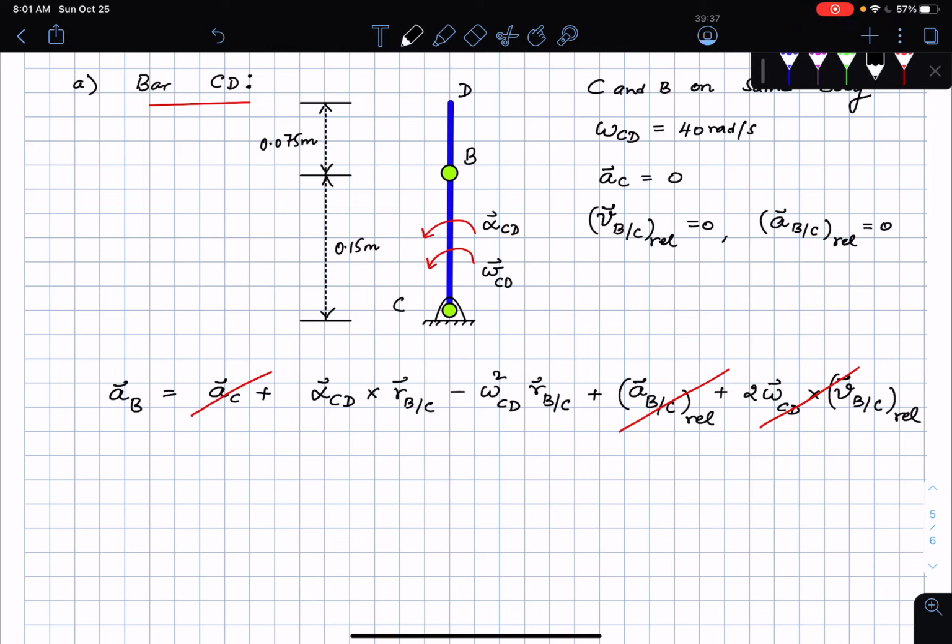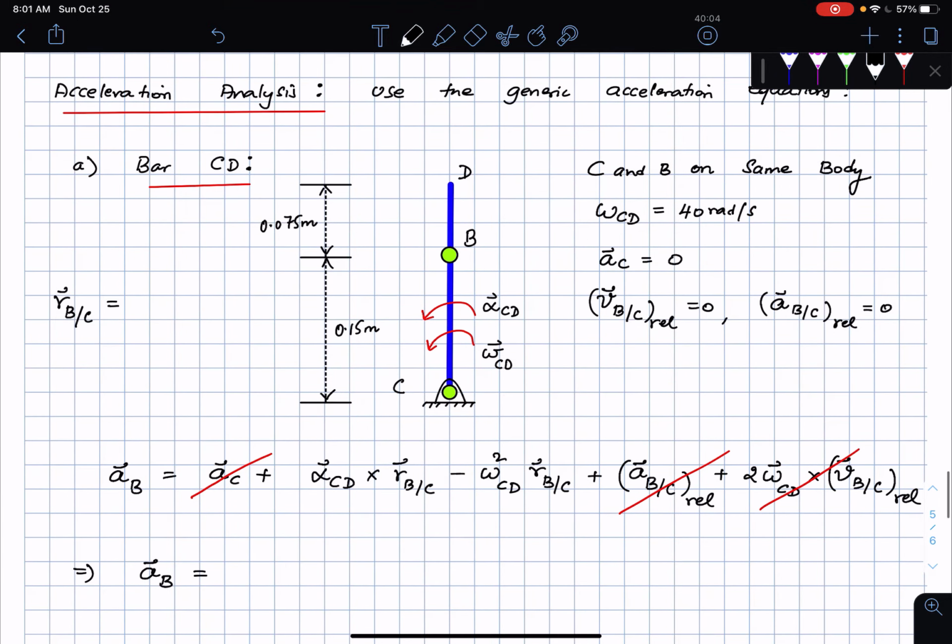So if I do the substitutions, I end up getting the following. I had assumed alpha CD to be counterclockwise, as you can see here. And then r B/C is easy to write. It is pointing in the direction of the J unit vector. Maybe it's a good idea to bring in the unit vector system as well. Let me draw that out here.